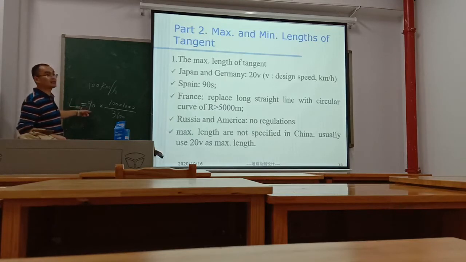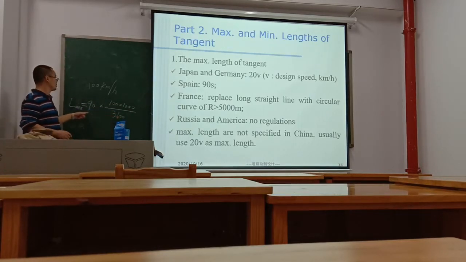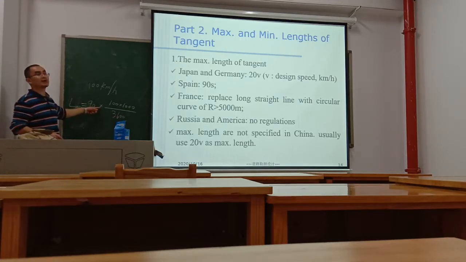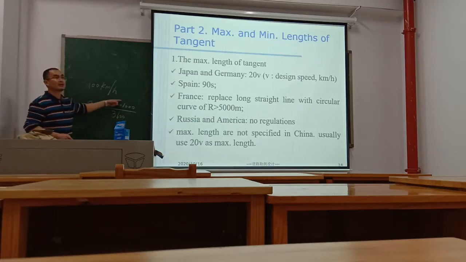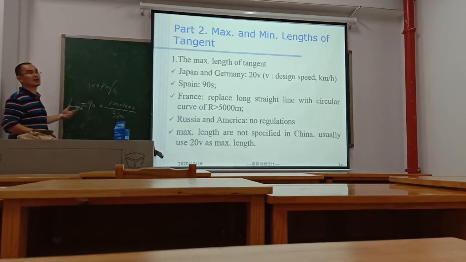This is time, this is velocity or speed. Use time multiplied by velocity, we can get the maximum length of tangent, the length or distance.